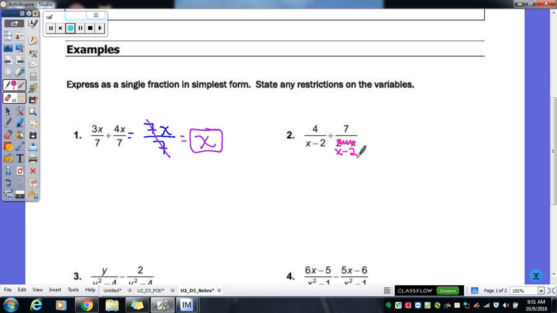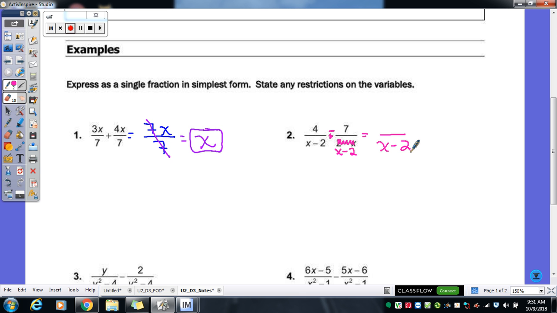But when I do that, I have to change this sign. So now it becomes a subtraction. Because I flipped my denominator, it changes my adding to a subtraction. If it was subtraction, it would have changed it to adding. It just changes that sign when you flip that fraction. So now our denominators are the same.